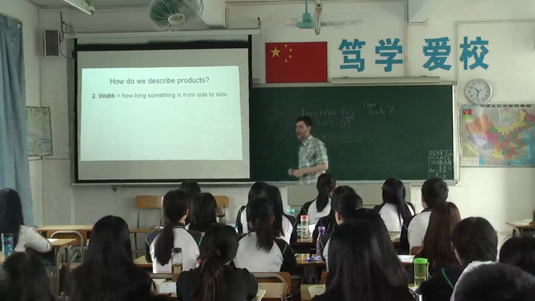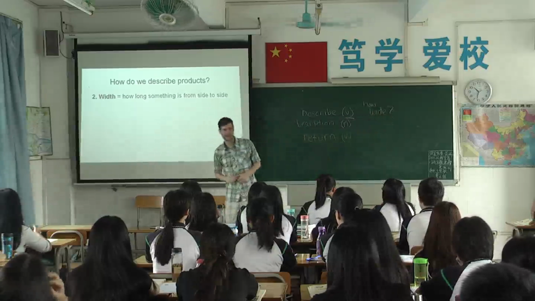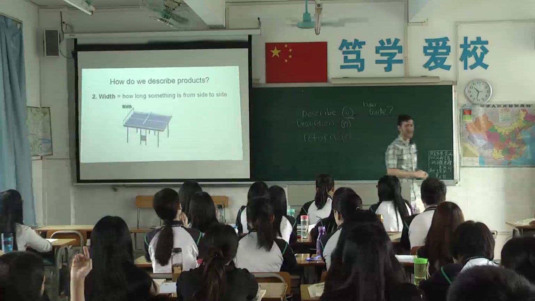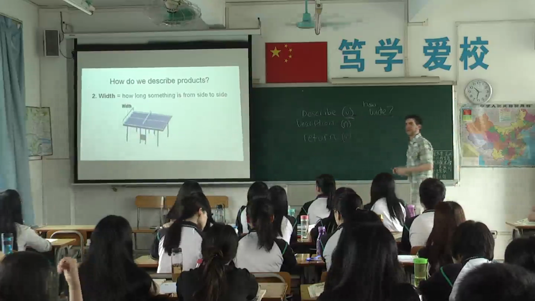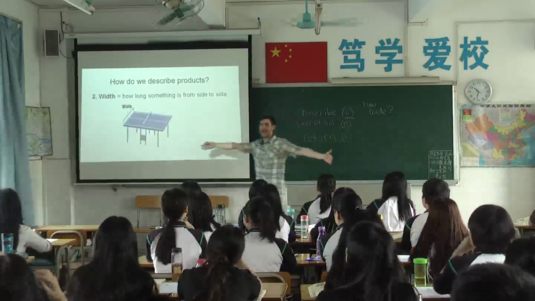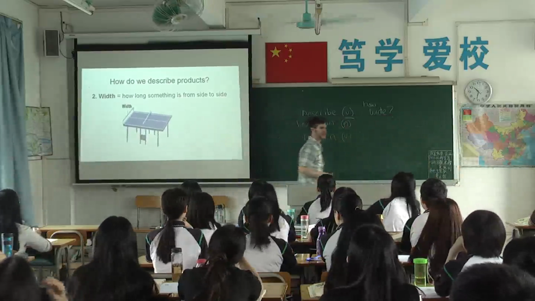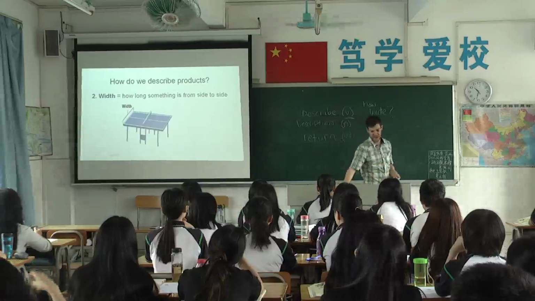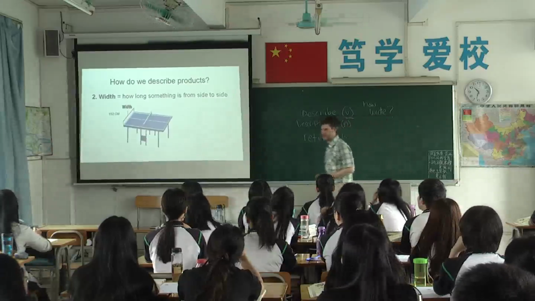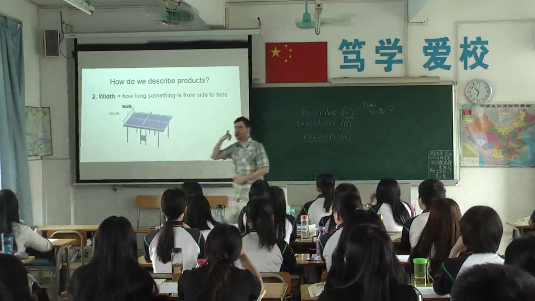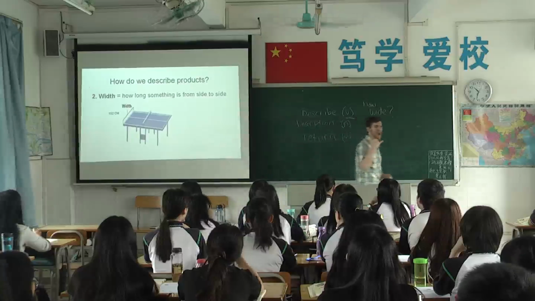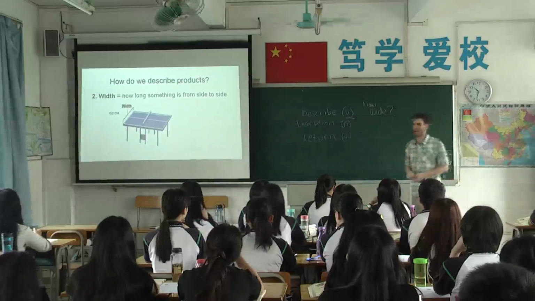How wide. Width. So let's look at the same ping pong table. This is the shorter side now. The long side was the length. The short side was the width. So we have 152 centimeters. So if I called you and said, "Excuse me, what is the width of your ping pong table?"